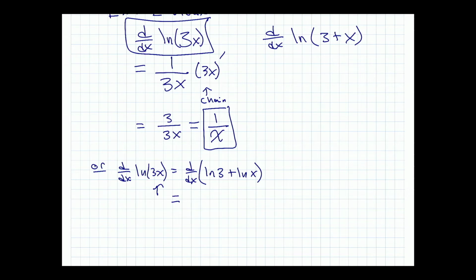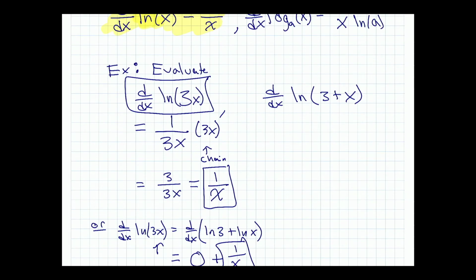Then what's the derivative of natural log 3? It's 0, because natural log of 3 is just a number, and the derivative of a number is 0. So d/dx of ln 3 is 0, and d/dx of ln x is 1 over x. That's another way to do it, without the chain rule.